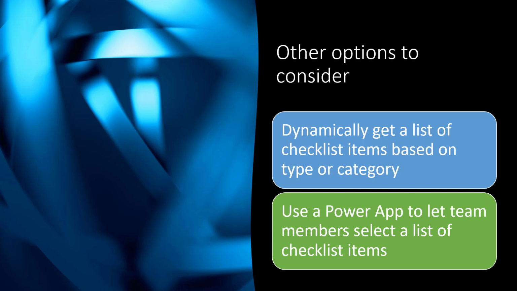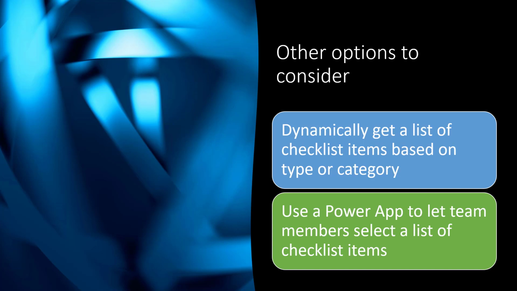Another option I also considered was using Power Apps. This wouldn't necessarily be for the end users that are creating the tasks, unless those end users are within the team, but more so for the people who are doing the triage. So if you've got one person who, once that task comes in, says, okay, well, that's a carpentry job, so they need to do this step, this step, and this step.